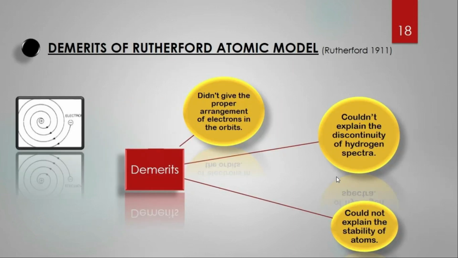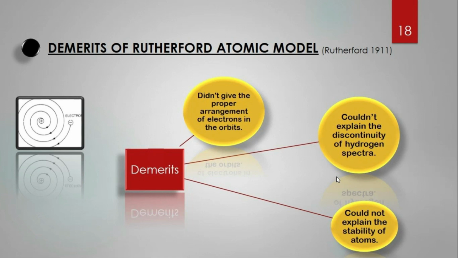Now we are ready to understand what were the demerits of Rutherford's atomic model. According to the electromagnetic theory of Maxwell, if a charged particle is accelerating with time, then it will emit electromagnetic energy.